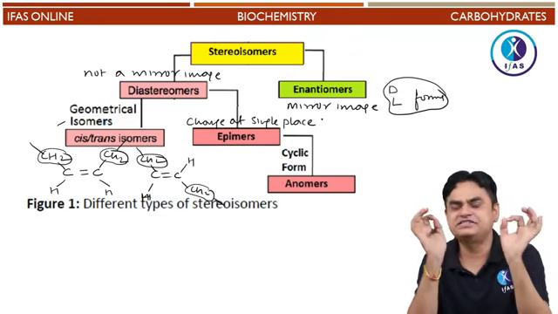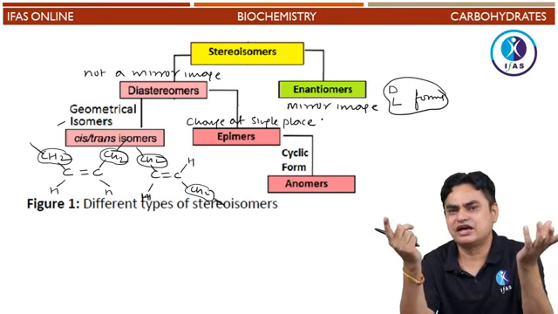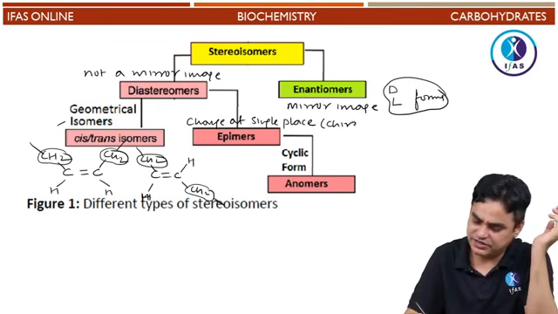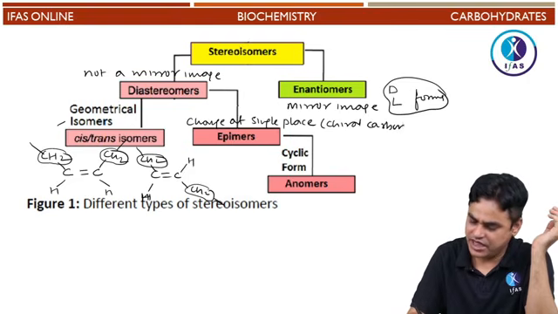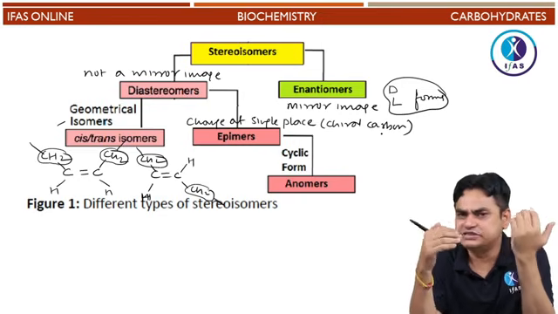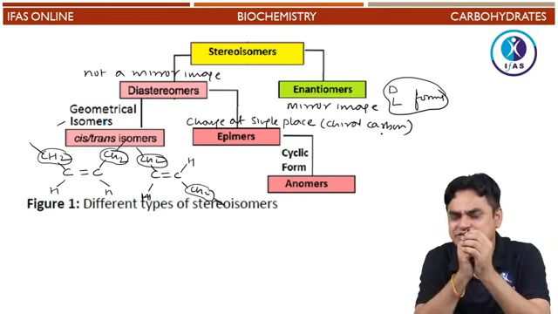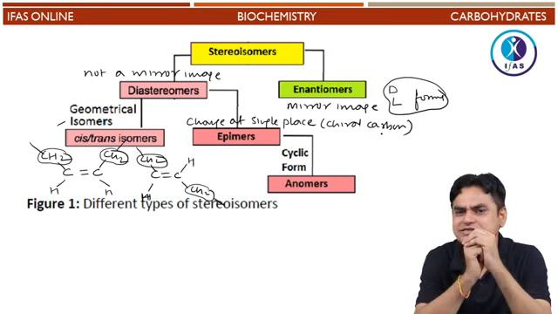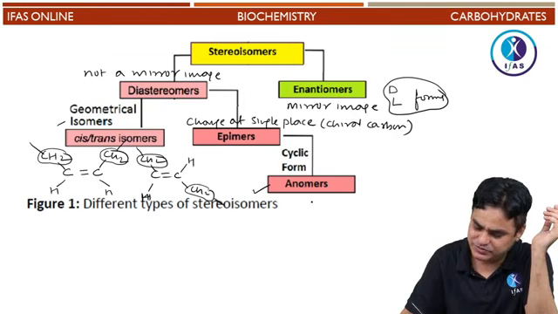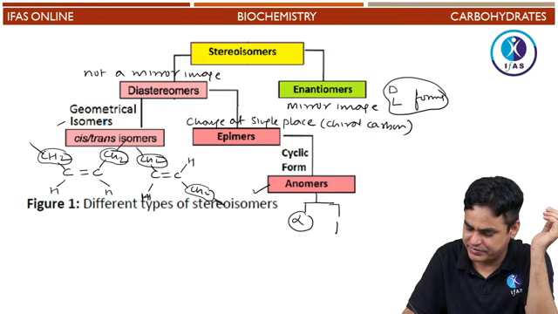If there is a change at a single chiral carbon, then it is referred to as an epimer. We will see that pentoses and hexoses can adopt a cyclic structure, and if they can adopt a cyclic structure, one more type of diastereoisomer is possible, anomers, which are designated as alpha anomer and beta anomer.